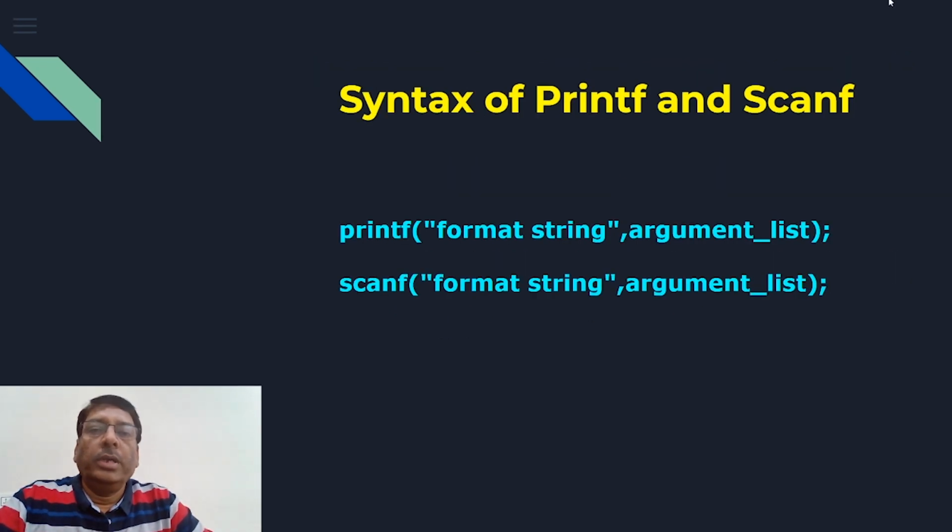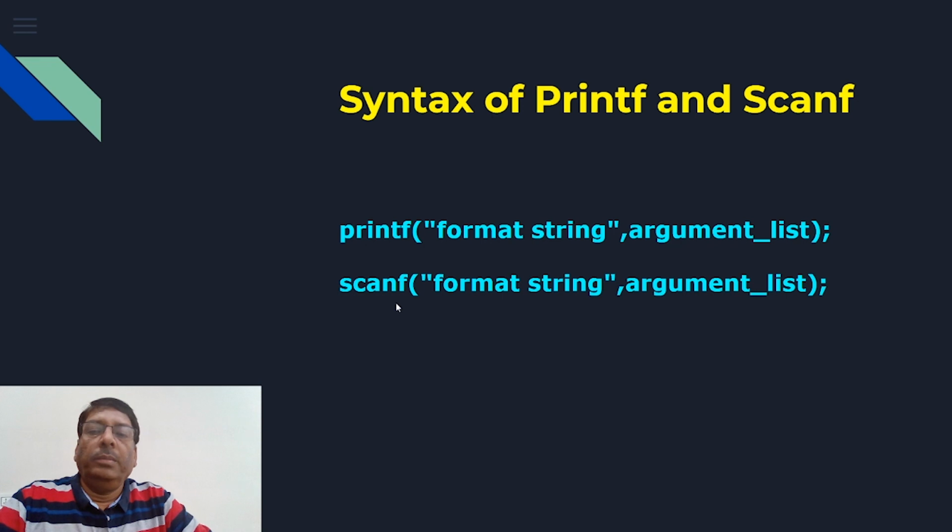So let's try to understand the syntax of printf and scanf statement. So when you want to write printf, the syntax over here has to be format string in double quotes, comma, argument list. So when I say syntax, it is as good as we write the English statement with the help of grammar. So grammar in English can be treated as syntax in C language or any programming language.